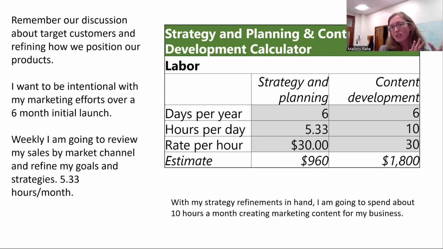But once I do that strategy and build those, okay, I need this kind of campaign, I want to pursue this amount of advertising, now I can go and sit down and work on content creation. So I'm budgeting 10 hours a month to just focus on creating marketing content for my business. In total, this is a significant amount of energy. I'm calling it my time.